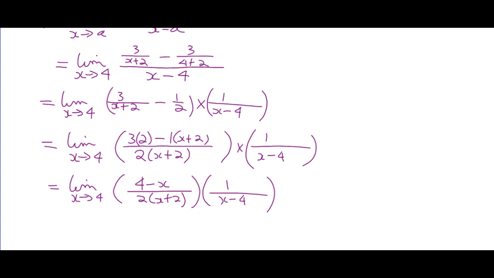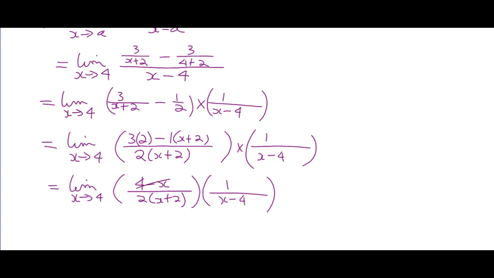Does anything cancel? Yeah, maybe. Oh, wait, -1. If I cross off the x minus 4 and the 4 minus x, I could do that as long as I put down a -1. So we can think of this as the negative of. I put a negative sign in front of this, it becomes -4 plus x, which is this guy.